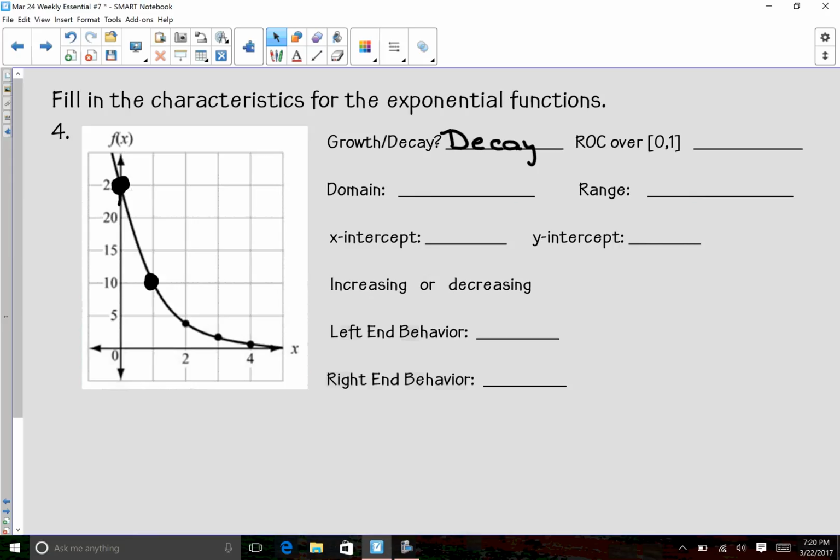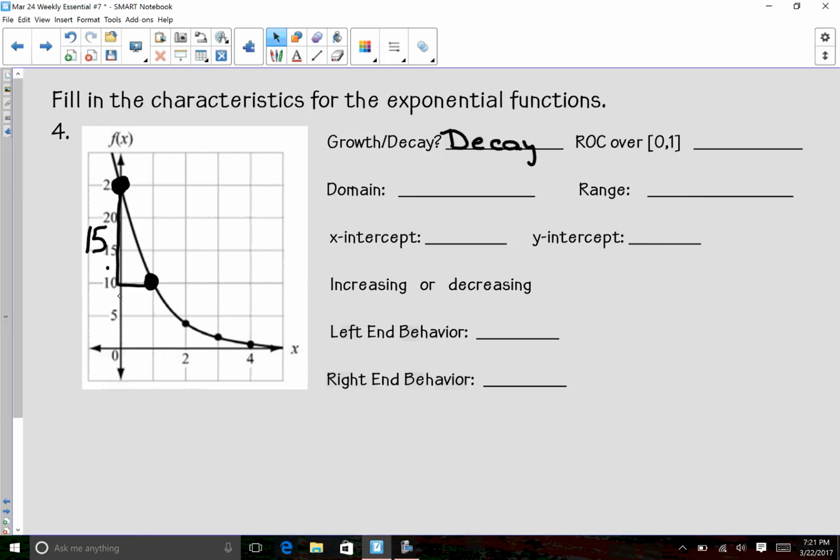If you do your right triangle, now some students will count 1, 2, 3, but notice that going from here to here, it's not just 3 units because our graph is going by 5s. So it's 5, 10, 15.